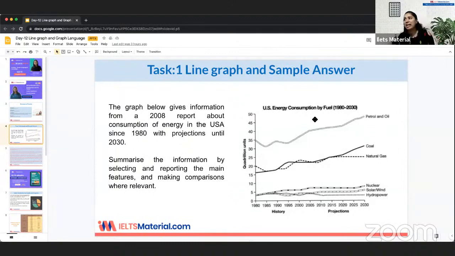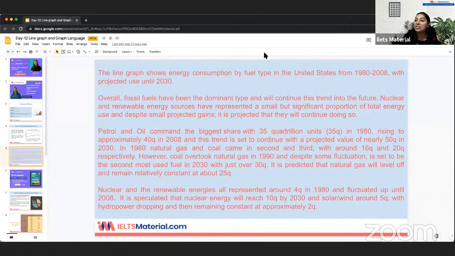See, yesterday I very clearly said that we can take the x-axis part and we can take the y-axis part. We can also take the heading, or we can take the title that is given to the graph. We can definitely use that, right? Now, here they have used that only.